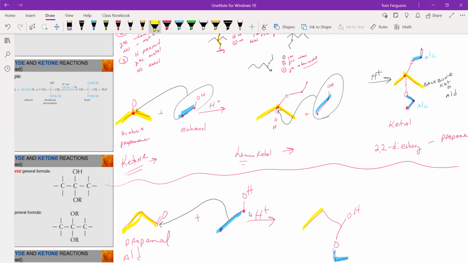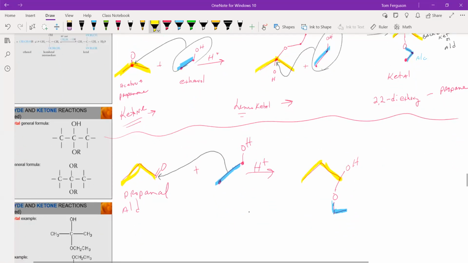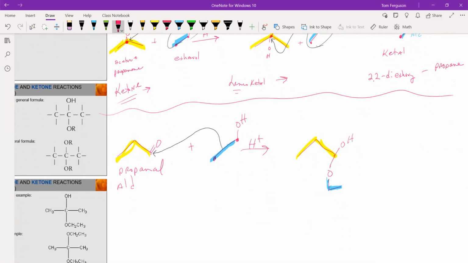And we've got the backbone. So this is going to be our hemi because we have an OH there. And because you started with an aldehyde, it's going to be a hemiacetal instead of a hemiketal.